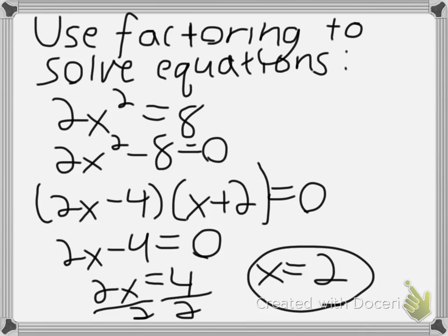Then you're gonna want to factor it, so you'll get 2 sets of parentheses. So 2x minus 4 in parentheses, and then you got x plus 2 in parentheses, and it's equal to 0.